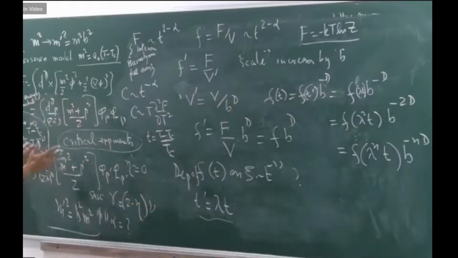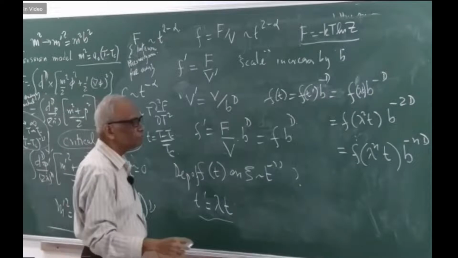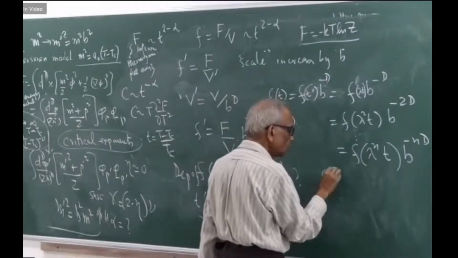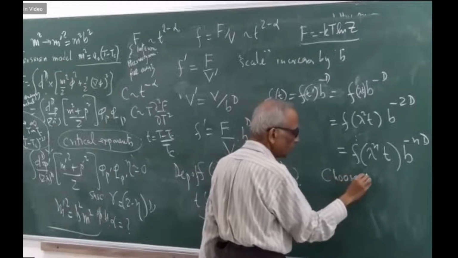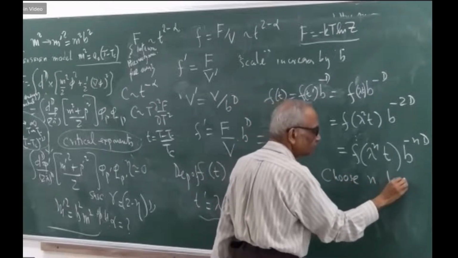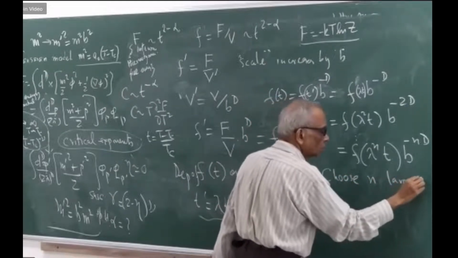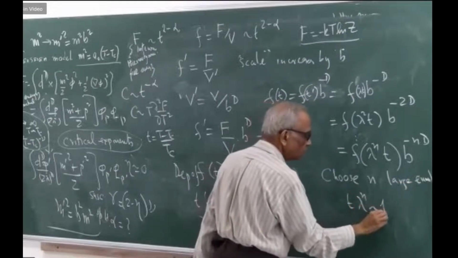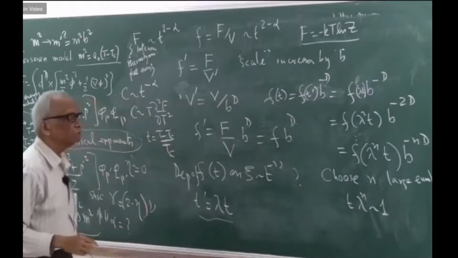So this transformation is essentially moving you away from criticality, and eventually you choose n large enough so that T times lambda to the n is of the order 1.